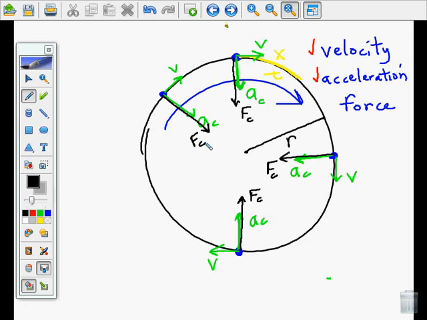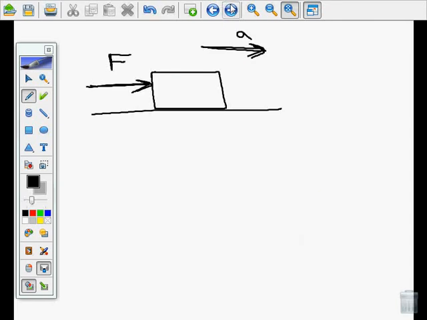And to calculate that force, that's nothing new. Law number 2 from a man named Newton. F net equals m times a.